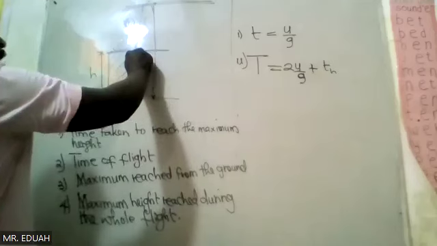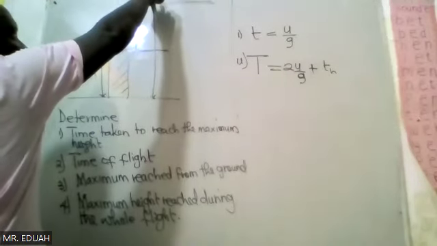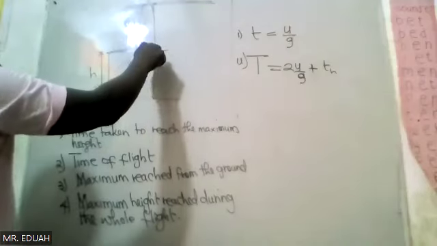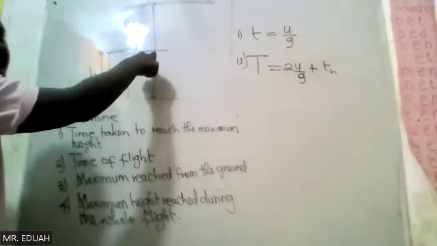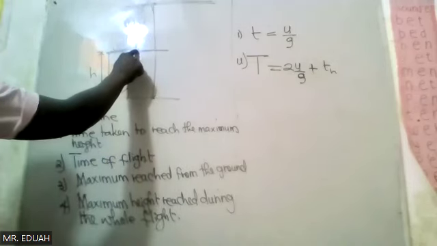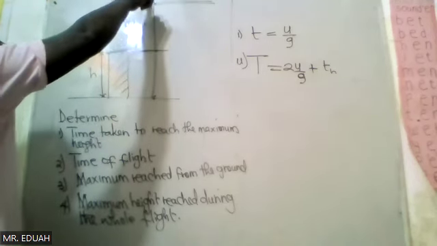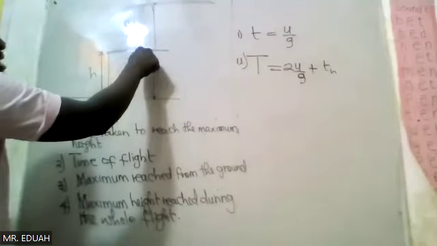It will move from wherever it is thrown to the maximum height. Then it will move from the maximum height to the same level where the object was initially thrown. It will take the same time. So if it takes 2 seconds to move from this point to this point, it will also take 2 seconds to move from the maximum height to this level.